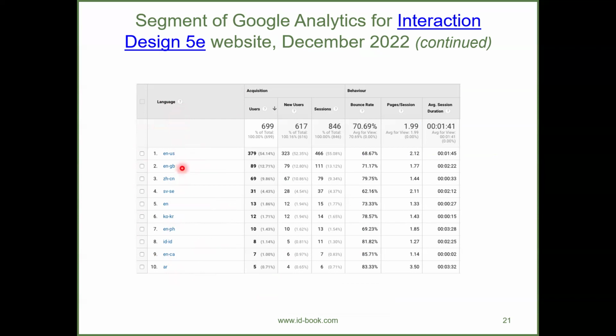If the website was accessed in English, how many users were there? 379 users viewed the web page in English, 5 of them translated to Arabic, and all these little details are also captured inside Google Analytics. Again, the acquisition by users, new users, and session. What was the behavior, bounce rate, page session, and average session. Those of you who are YouTube bloggers or vloggers can easily understand this.